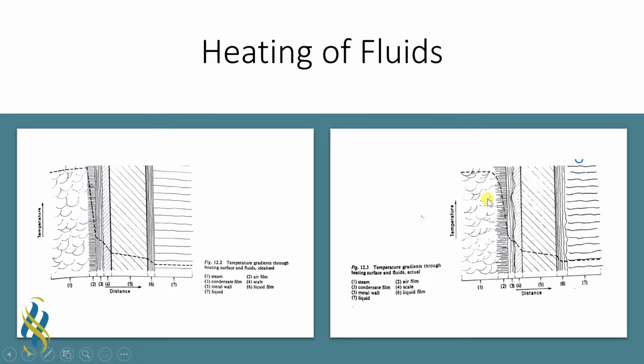In the idealized condition an exact thickness is present, whereas in actual circumstances the thickness differs. That means the thickness varies for each boundary layer through which the heat is transferred from one side of the container to the other.